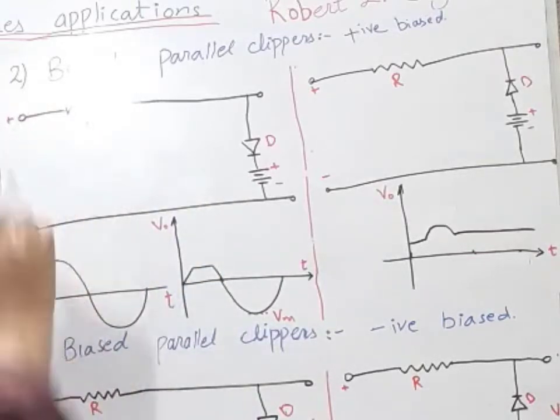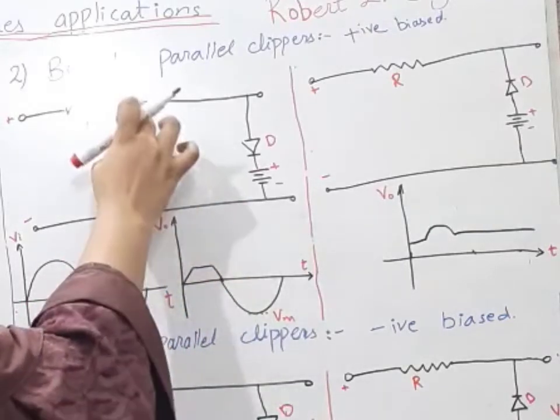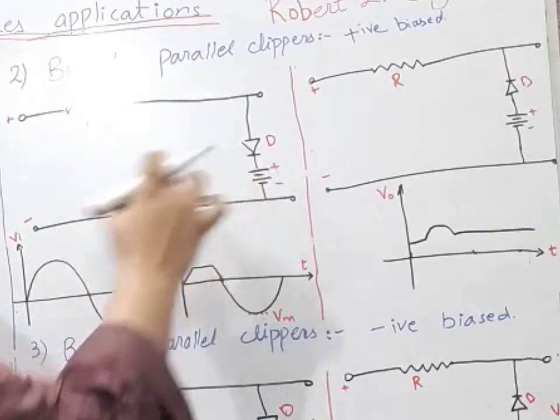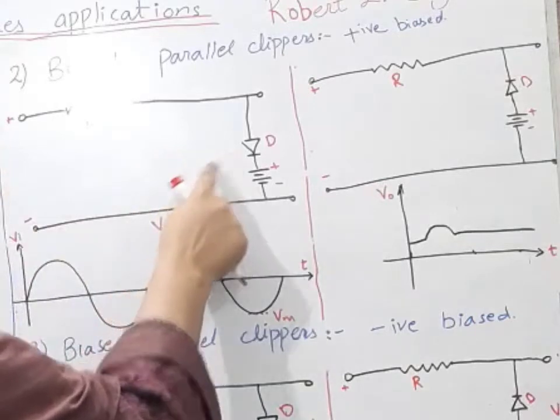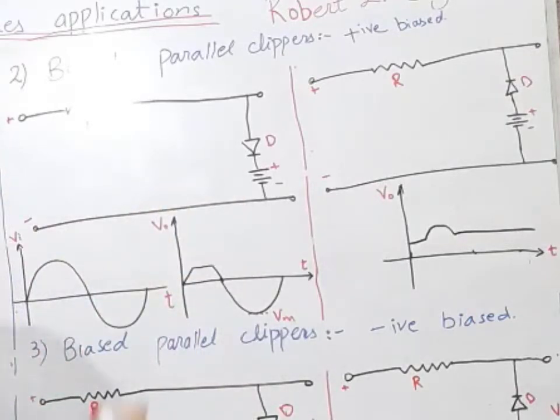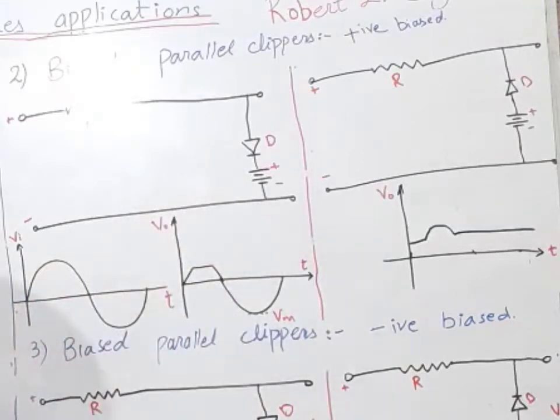Is our applied waveform winning or is our battery winning? The battery is not at this position, it is at this position. So in this case, the applied waveform tries to make the diode forward biased, but our battery tries to make this diode reverse biased.